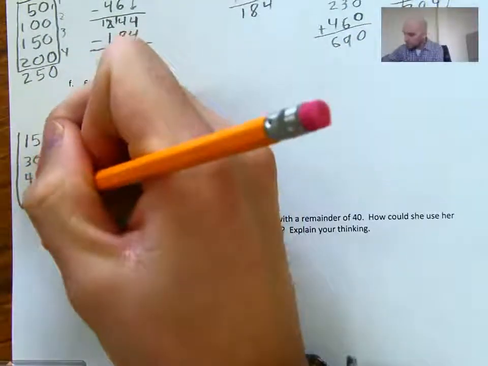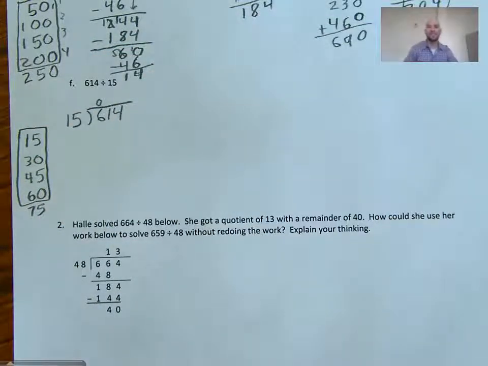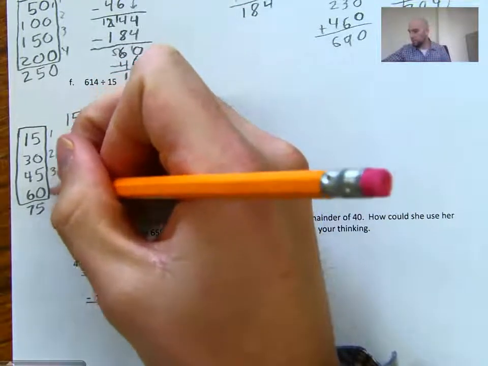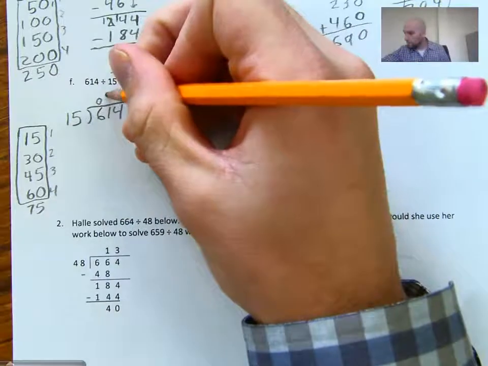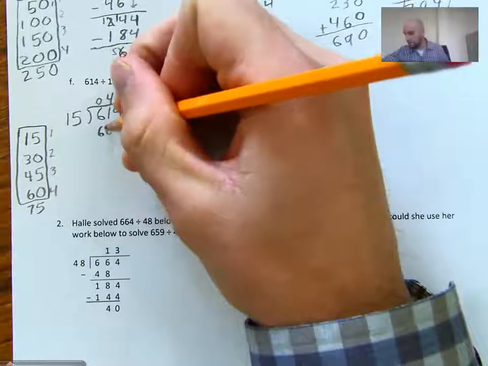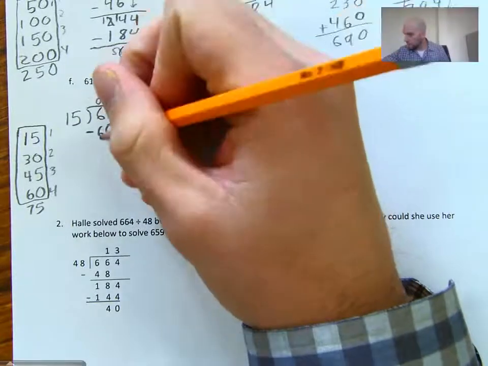So I know I'm only going to go 60, and I was guessing that was going to be the case because I just know that 60 is a multiple of 15. And then we're going to go 1, 2, 3, 4. So 4, and 4 times 15 is 60. And we subtract.